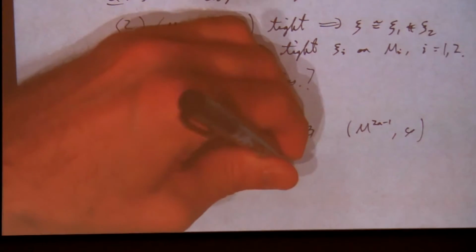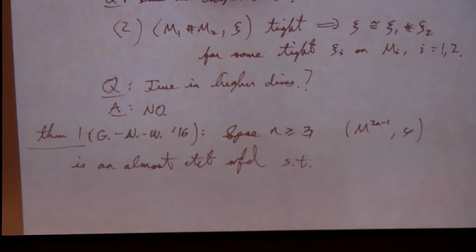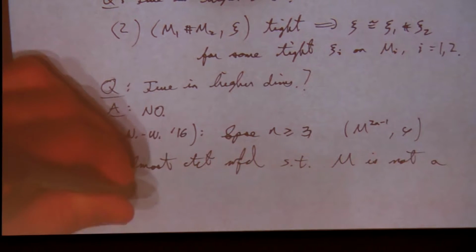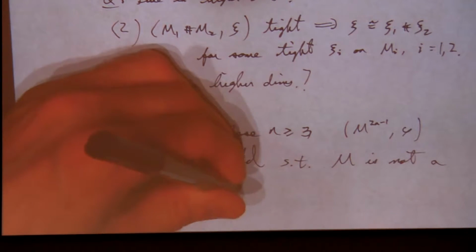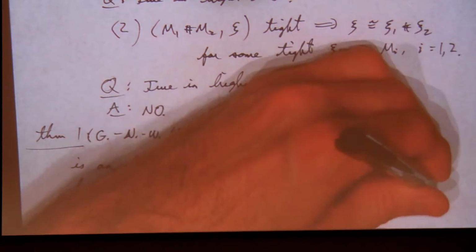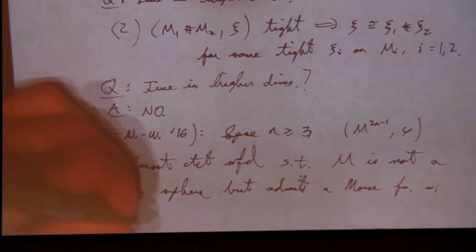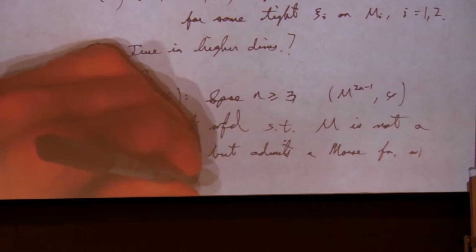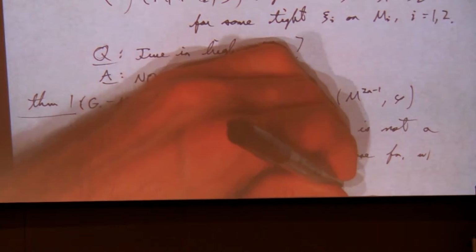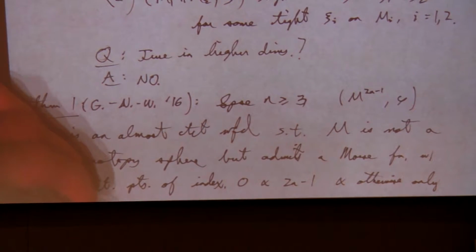So I want to assume the following. First of all, some topological assumptions: M is not a homotopy sphere, but it admits a Morse function with unique critical points of maximal and minimal index, and otherwise only index n minus 1 and n.